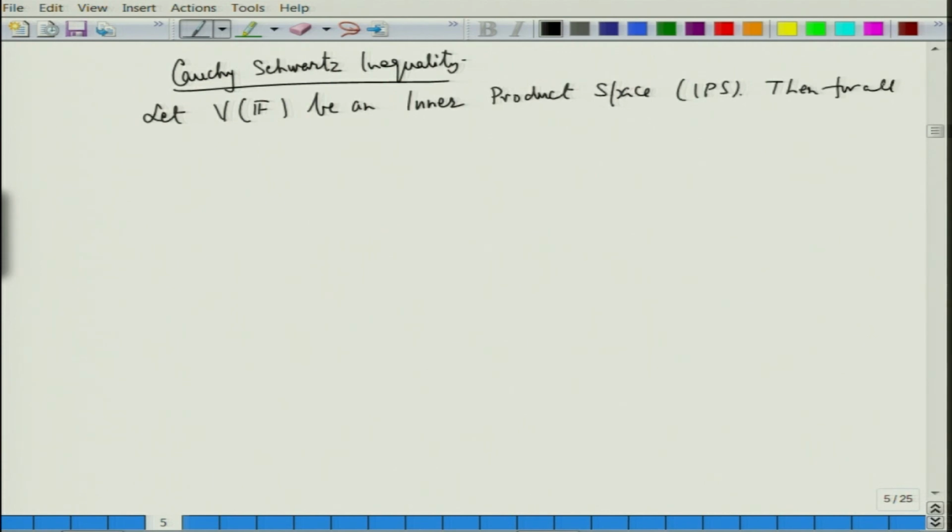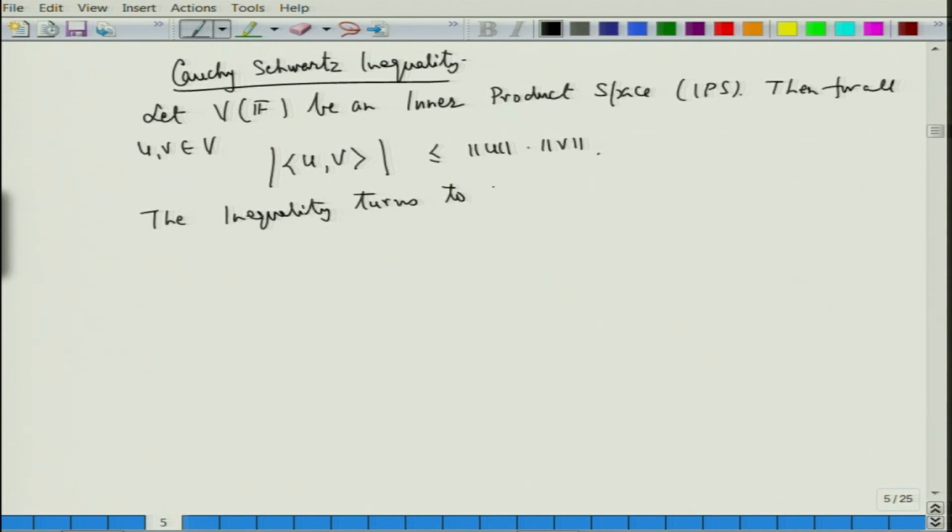Then for all u, v belonging to V, the length or norm of the inner product of u and v is less than or equal to norm of u into norm of v, right. This happens. The inequality turns to equality.